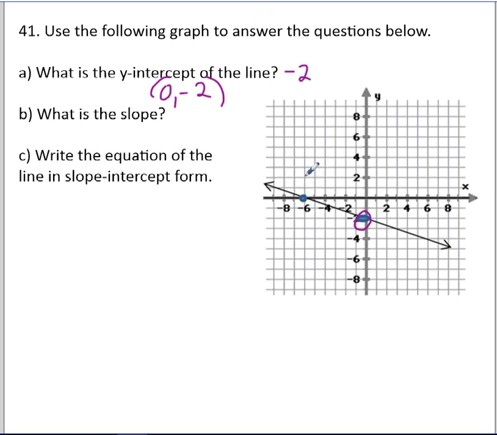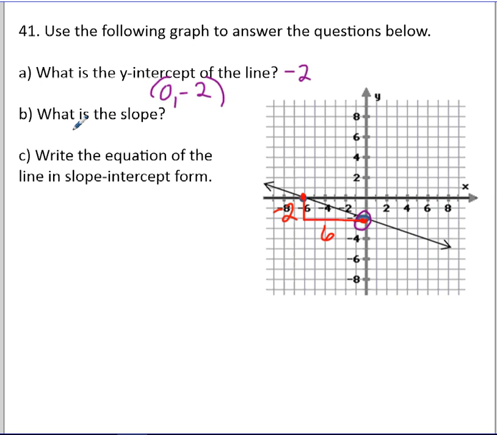What is the slope? Well, they give us the x-intercept here, so let's count from one to the other. So we're counting down 2 boxes, so we'll put a -2 there, and write 1, 2, 3, 4, 5, 6.